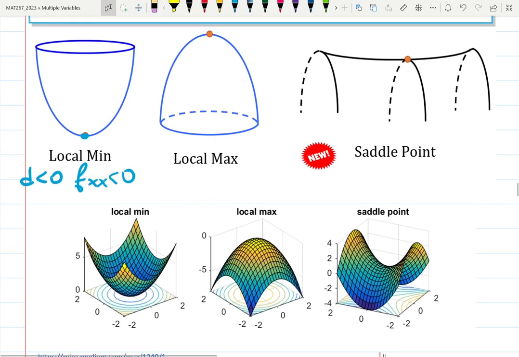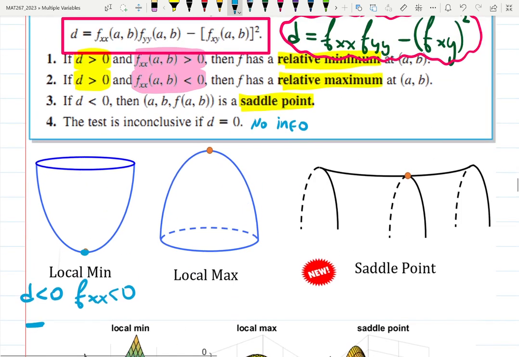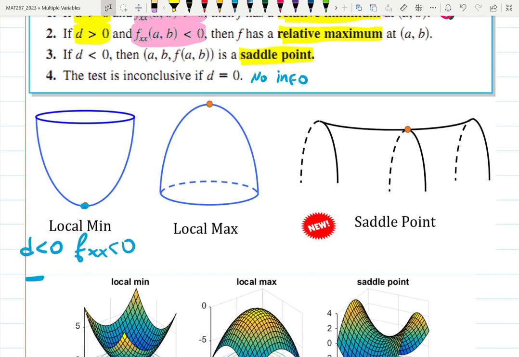Do you know how I teach it? D is positive, fxx is positive. So that's how I'm saying it, plus, and this is a smiley face, right?